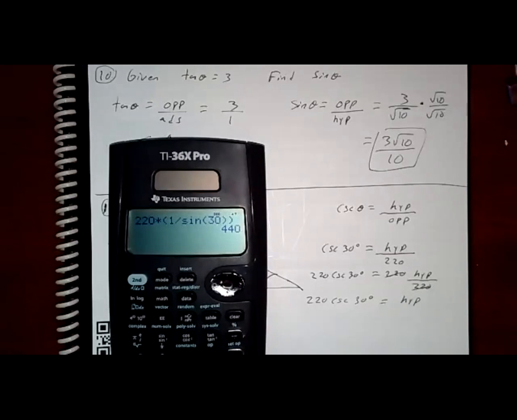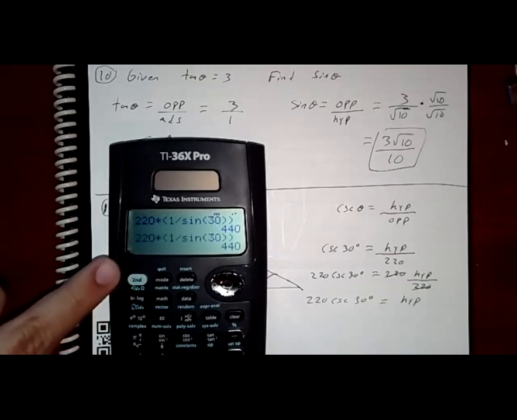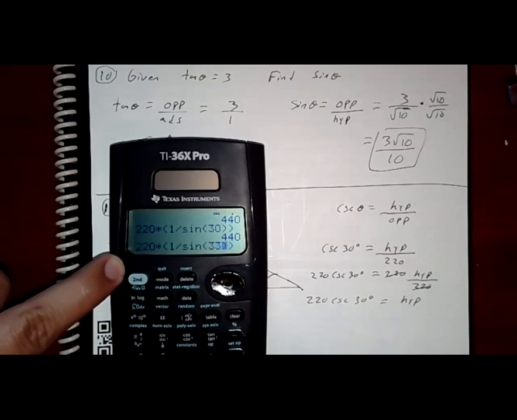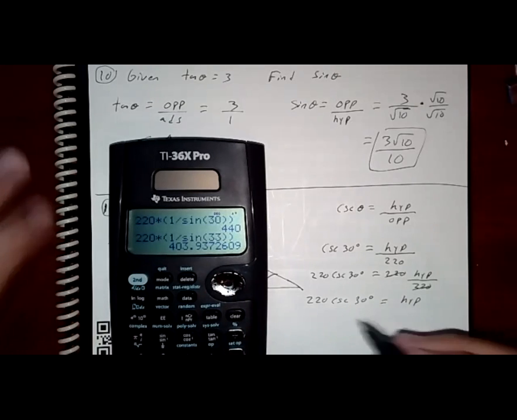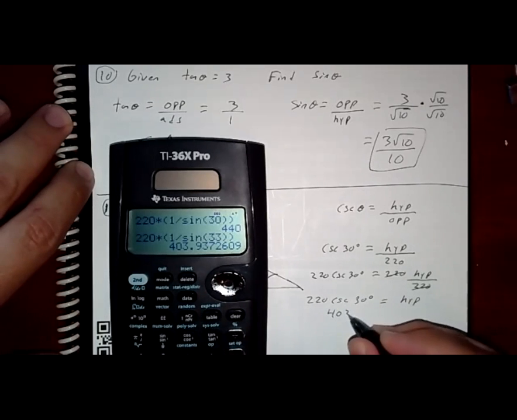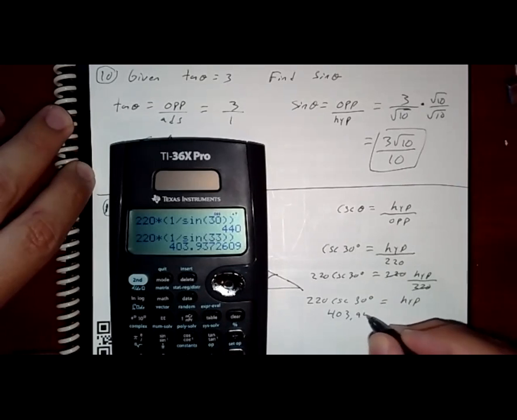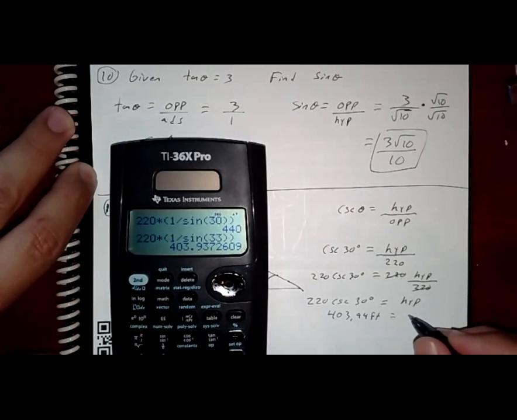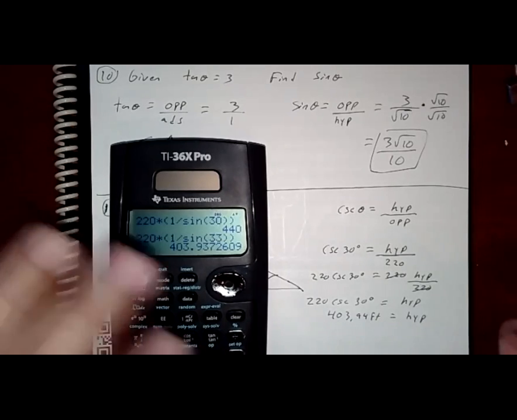Oh, sorry, it was 33, wasn't it? My bad. I was like, what happened? Something went wrong here. There we go. So it's 403.94 feet. That's my hypotenuse, or in other words, the guy wire.